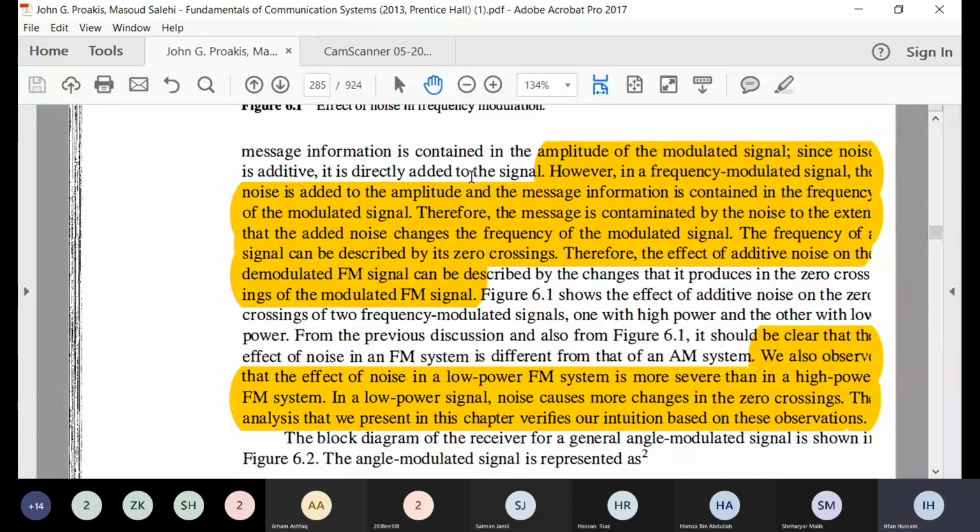It also gives us an idea that noise in an FM system is different from noise in an AM system, and that noise in a low power FM system is severe as compared to the effect of noise in a high power FM system. So in a low power signal, noise will cause more changes in the zero crossings, and then we will present the analysis which will verify our observations.